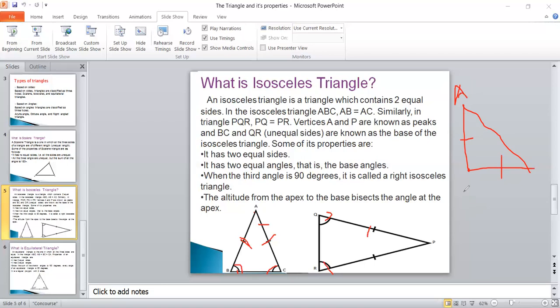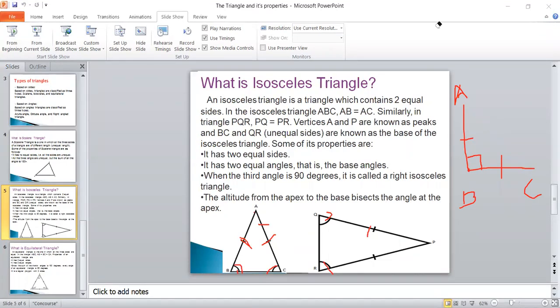This is A, this is B, this is C. In this figure ABC, let us take AB equal to BC, and angle B is 90°. We can draw the triangle like this also, right?